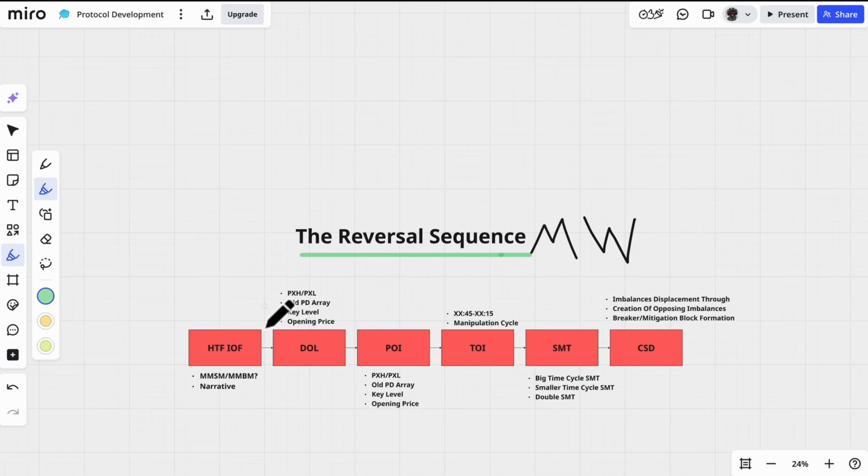The next step is paying attention to opening prices. And I'm not referring to opening prices in the sense of just midnight openings, so daily openings or whatever. No, I'm referring to bigger time cycle openings. So we're speaking about monthly openings, then we're speaking about quarterly openings, yearly openings, etc. Because once you start paying attention to those bigger time cycle opening prices, you're able to have a premium and discount filter.